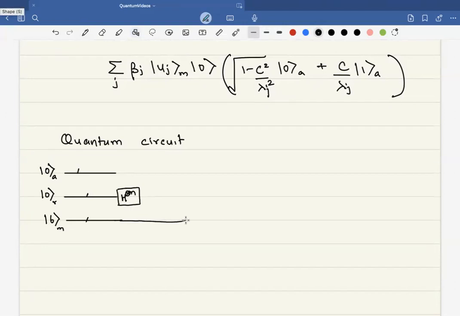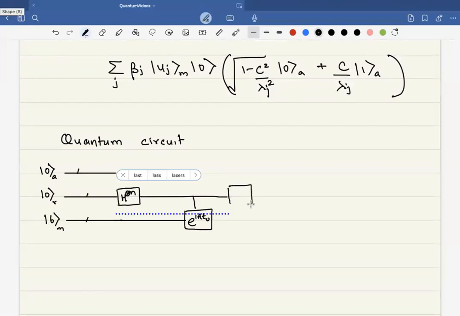And then the next step is our phase estimation, so e to the iAt. I'm drawing the schematic. So T naught, and then FT dagger, right?